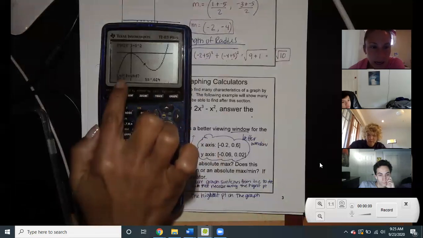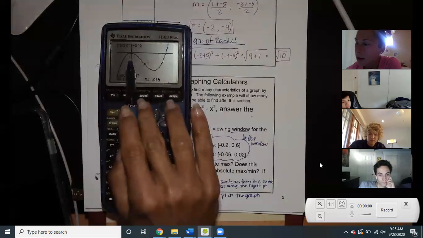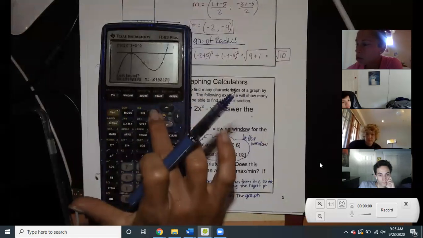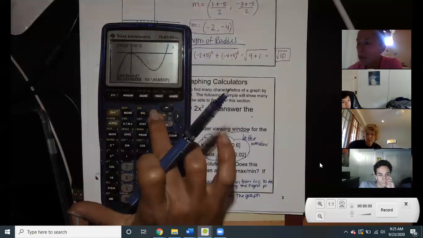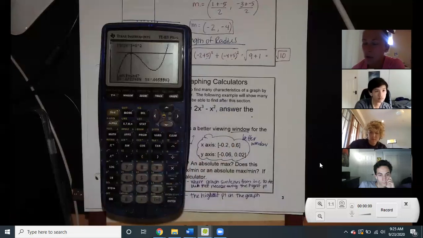Now, the first thing it's going to ask me for is a left bound point. So if I'm estimating that the max is somewhere around right here, I need to take this cursor to the left of that point. It really doesn't matter how far left I go, just somewhere relatively close to the left of the max. So I'm going to hit enter.